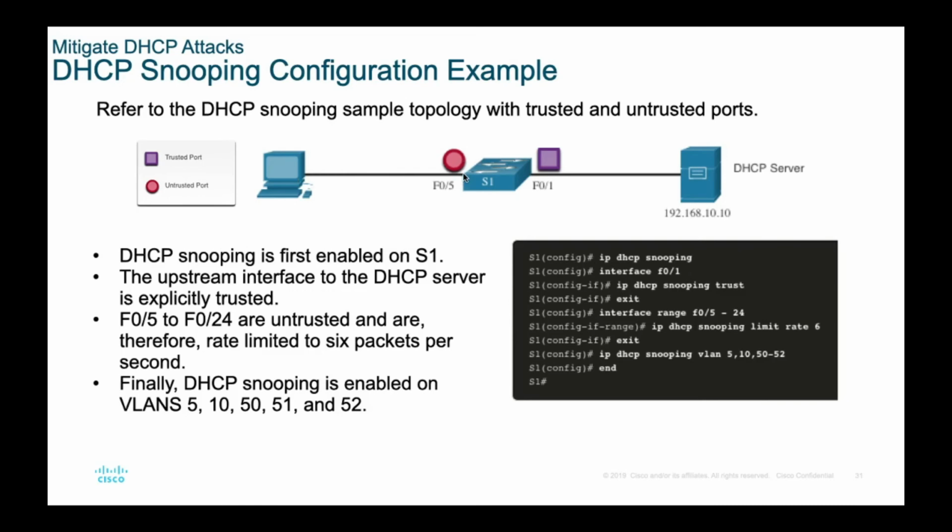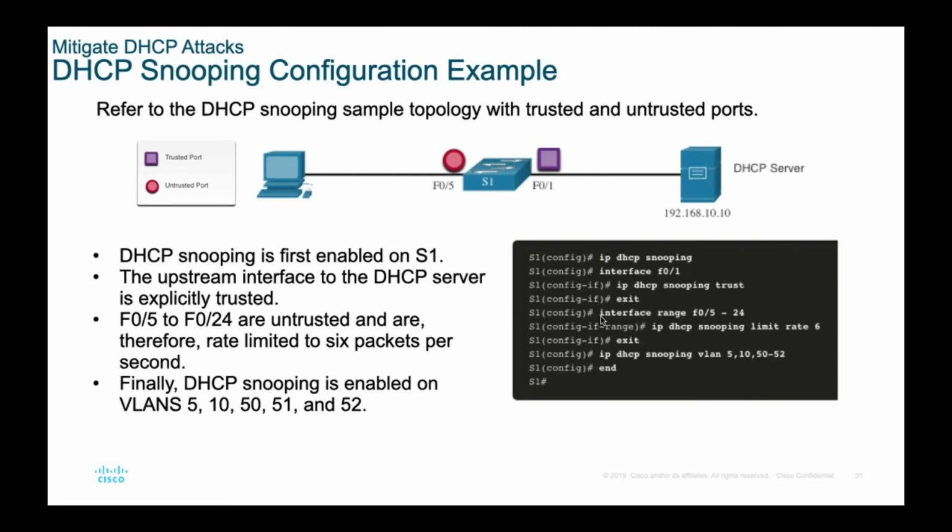So the commands for switch 1: ip dhcp snooping in global configuration, and then on interface FA0/1, we do ip dhcp snooping trust. That's all. And on all other ports, let's say FA0/5 up to 24, using the command interface range FA0/5-24, we do ip dhcp snooping limit rate and then a number.